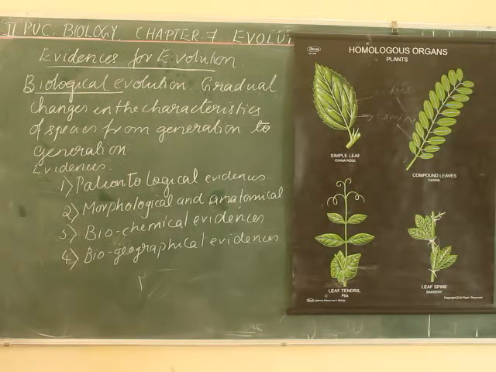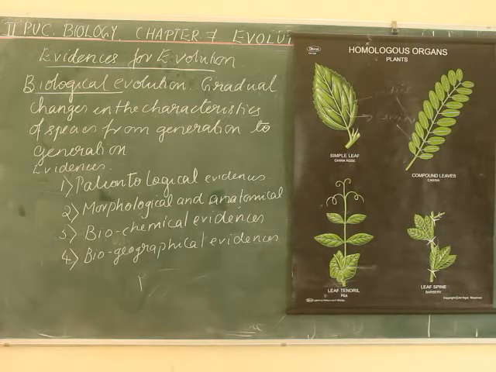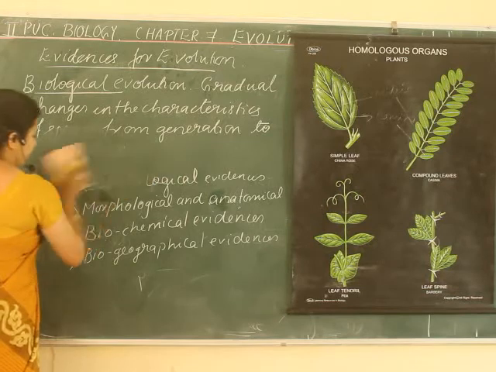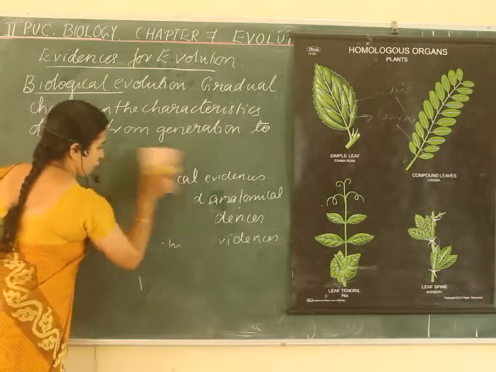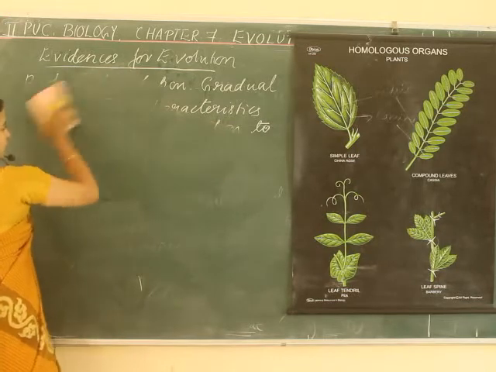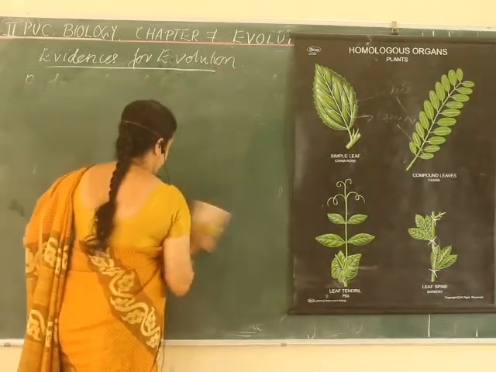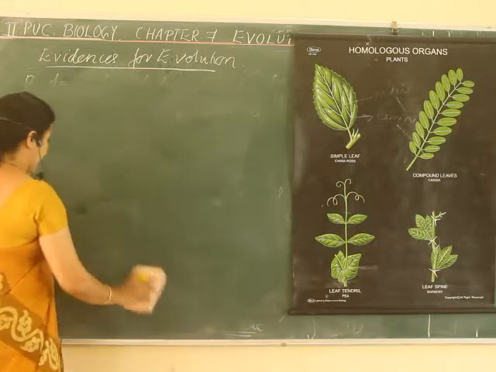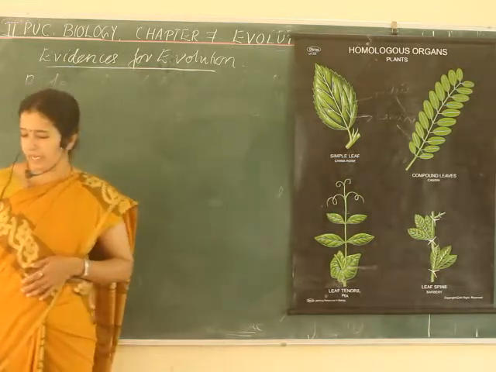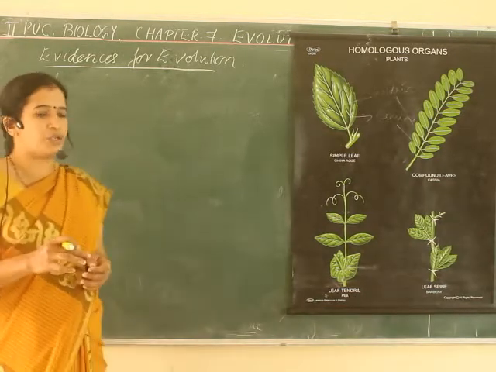Now let us understand about fossils. You know what a fossil is? I told you in the last class, it is the dead remains of plants and animals found in sedimentary rocks. They are the dead remains or impressions of plants and animals or various life forms.